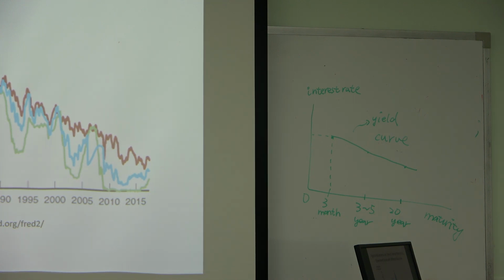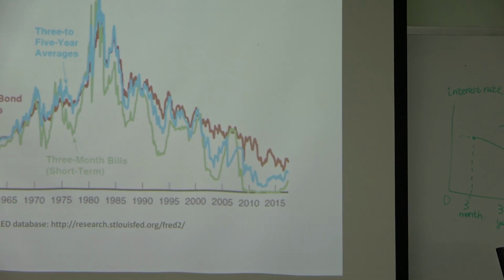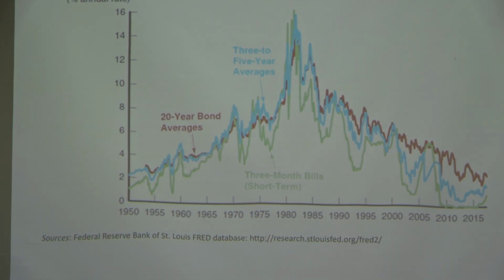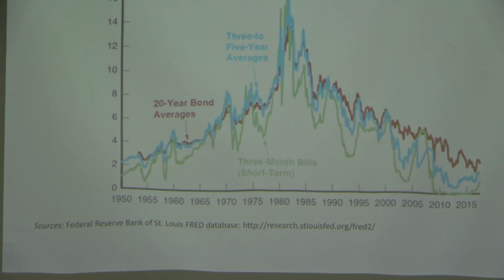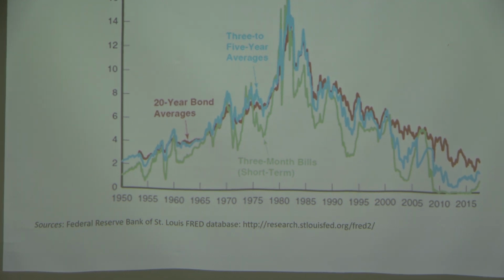And the second one is that after the 1980s, when the short-term interest rate is low, the yield curve is upward sloping, and during the 1980s, when the short-term interest rate is high, we end up having a downward sloping yield curve. But most of the time, we have detected an upward sloping yield curve.